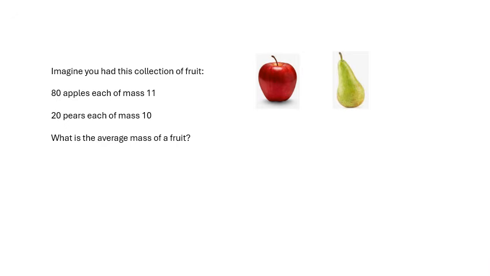Can we work out the average mass of a fruit? Well, look at this. The average mass is going to be the total mass divided by the total number. In this case, the total number is 100, isn't it? 80 apples and 20 pears. So what's the total mass?